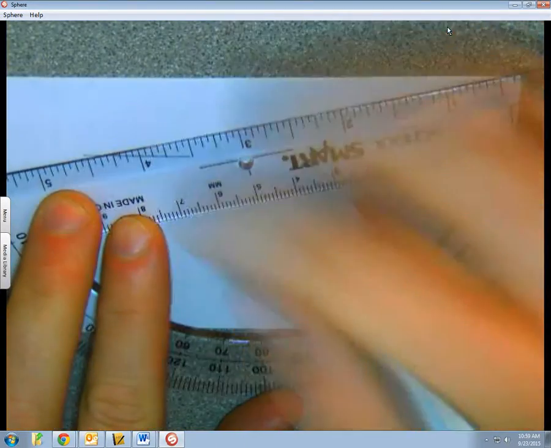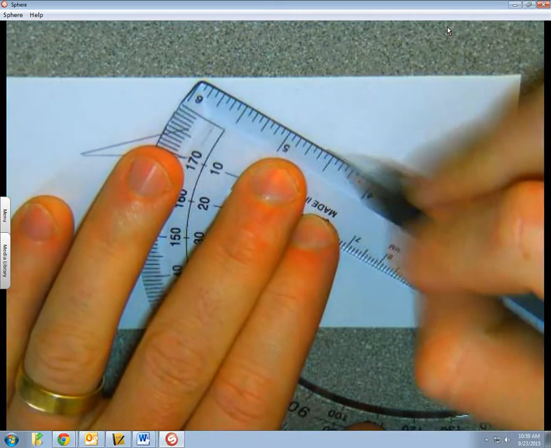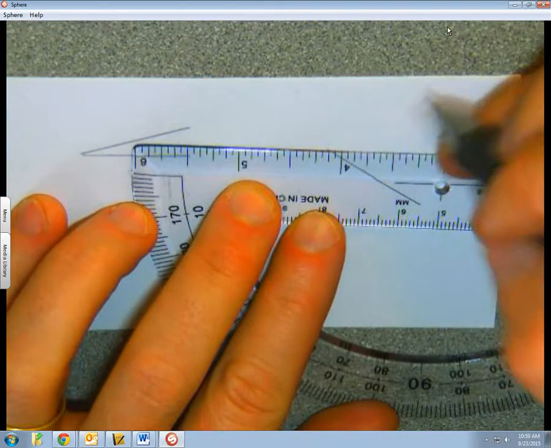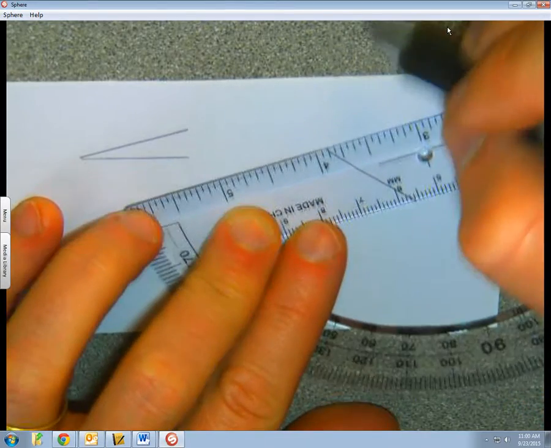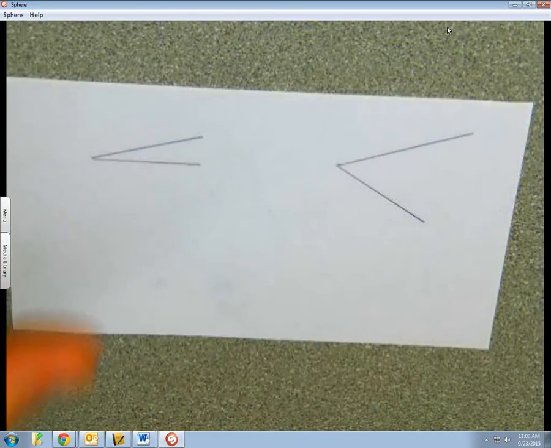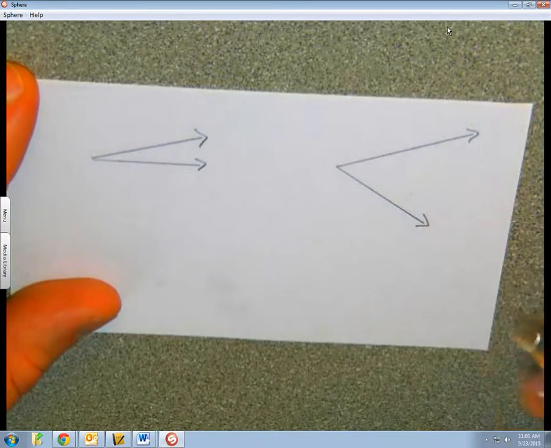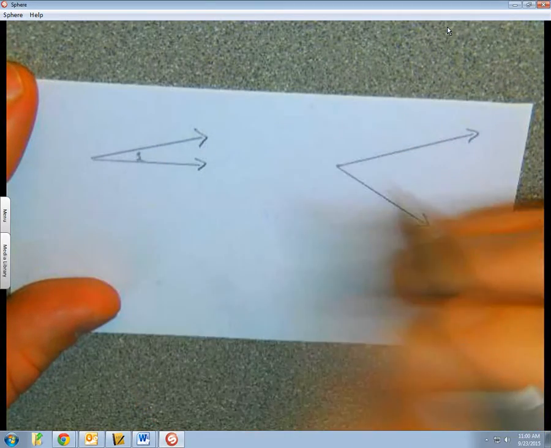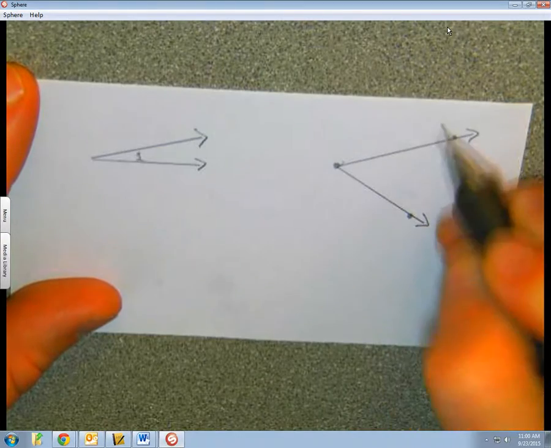One is like that, and then we'll tilt one over here and maybe make it a little bit bigger. Okay, and then let's call this angle 1 and call this AB.